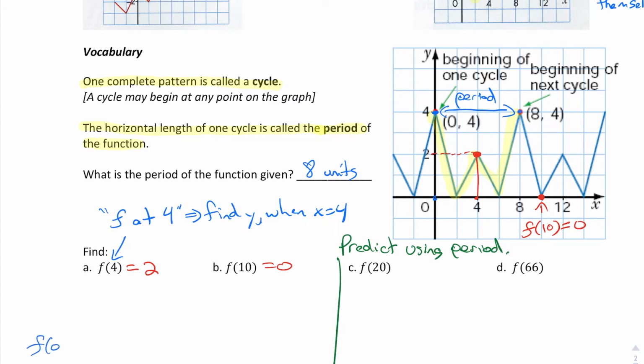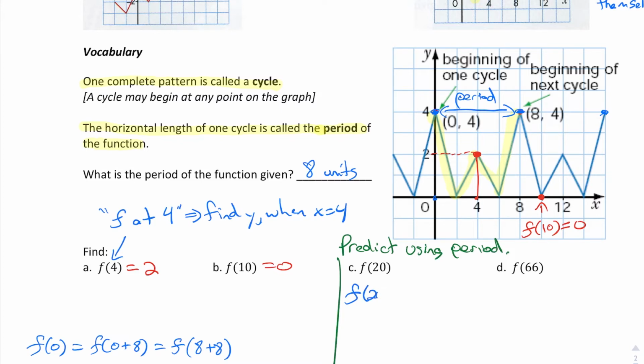If I go one period length away from 0, what I should get is the same as f at 0 plus 1 period length, or f at 8. And that should be the same as the next time it occurs, which is f at 8 plus 8, another period length away. All of those should equal the y value 4, which it does, and those are these points here.